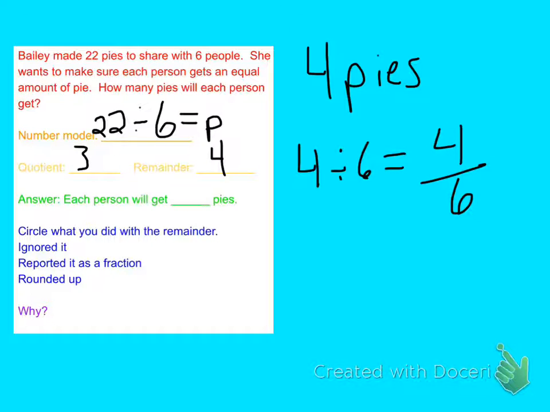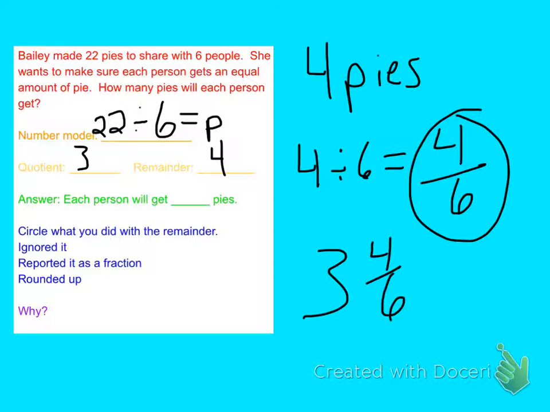And this 4/6 now, that's the remainder. If we share those pies up, we add to our quotient. So every person is going to get 3 whole pies plus another 4/6.